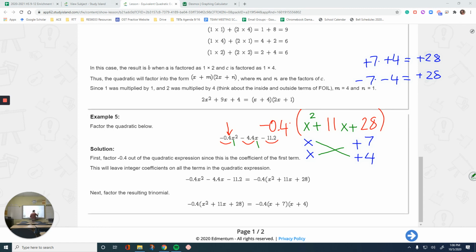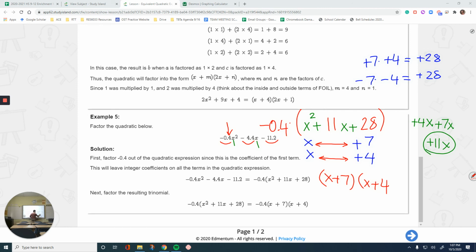X times positive 4 is positive 4x, and then x times positive 7, I'm doing cross multiplication, is positive 7x. Combine them together, they give you positive 11x, which is what I have in the middle. So that means I set everything up correctly. I can just take my first line, put it together. First line goes together, x plus 7, and then second line goes together, x plus 4.